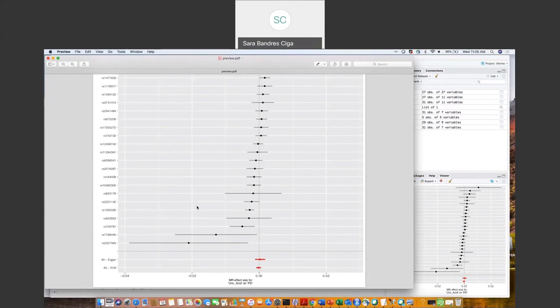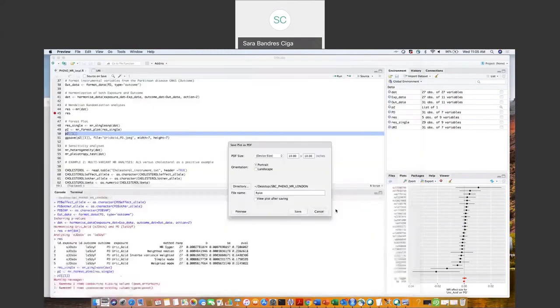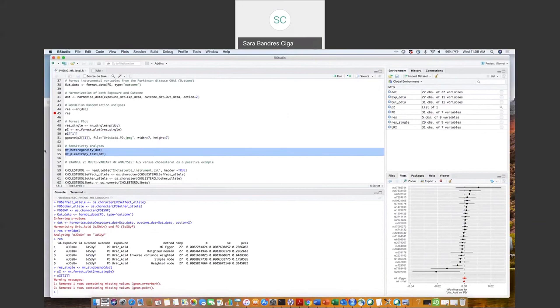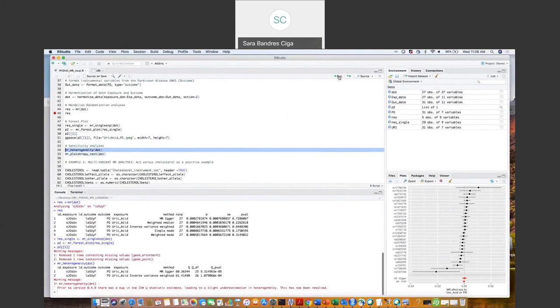It's just because you have a lot of heterogeneity. So there is a way to also correct for that. You check that through these two lines that give you more information based on the sensitivity analysis. So let's run heterogeneity first.